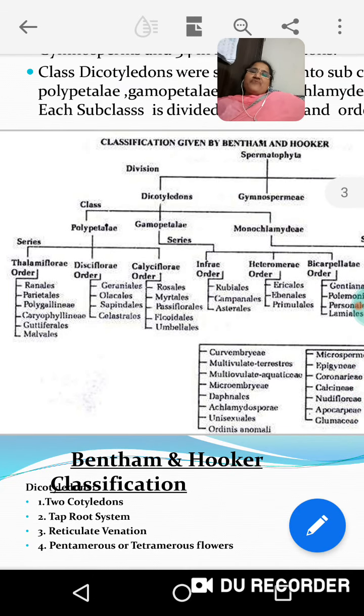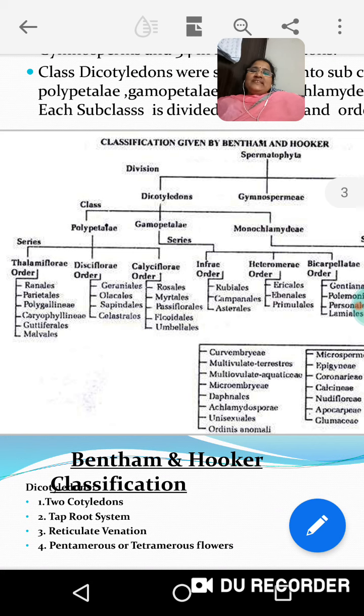You have to justify why some plants are grouped under dicotyledons. So you have to mention four points: presence of a taproot system, presence of two cotyledons, presence of reticulate venation, and presence of pentamerous or tetramerous flowers. Based on these four characters, the plants are grouped under dicotyledons.